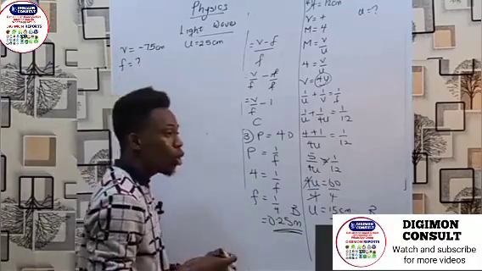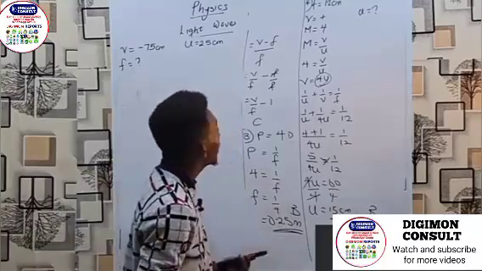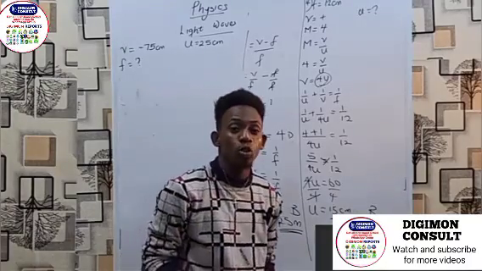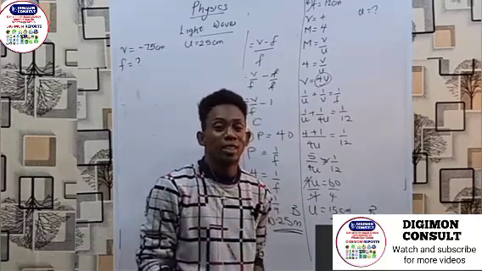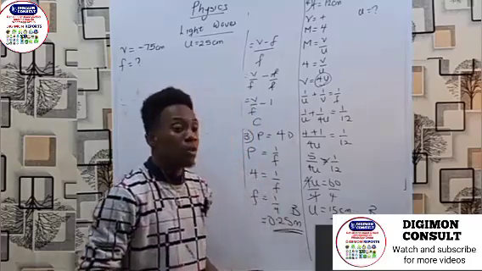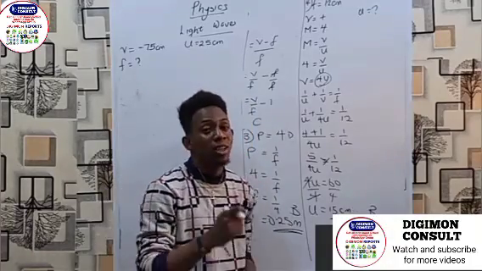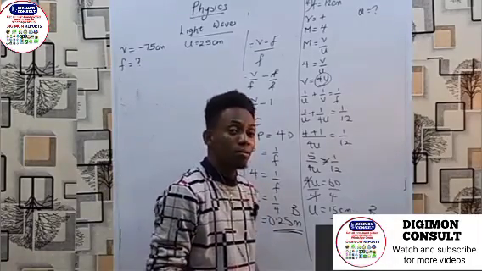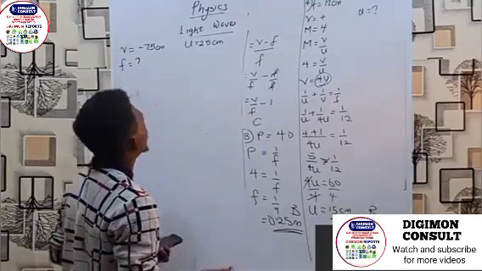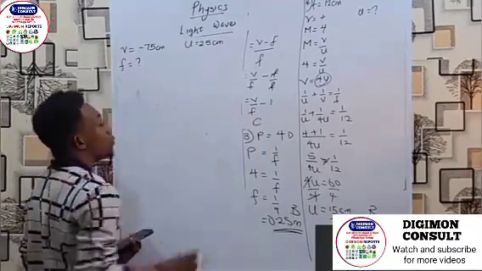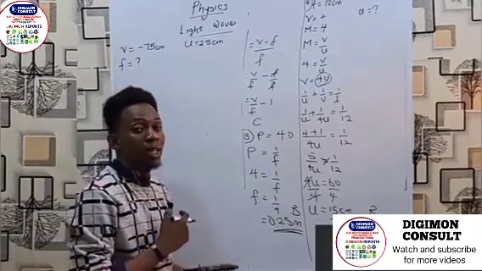Now, first off, because we know this person can see only far objects but not close ones, we know he's long-sighted, hypermetropia, and therefore he requires a convex lens to correct this defect. If he's making use of a convex lens to correct this defect, that means my focal length must give me a positive answer.